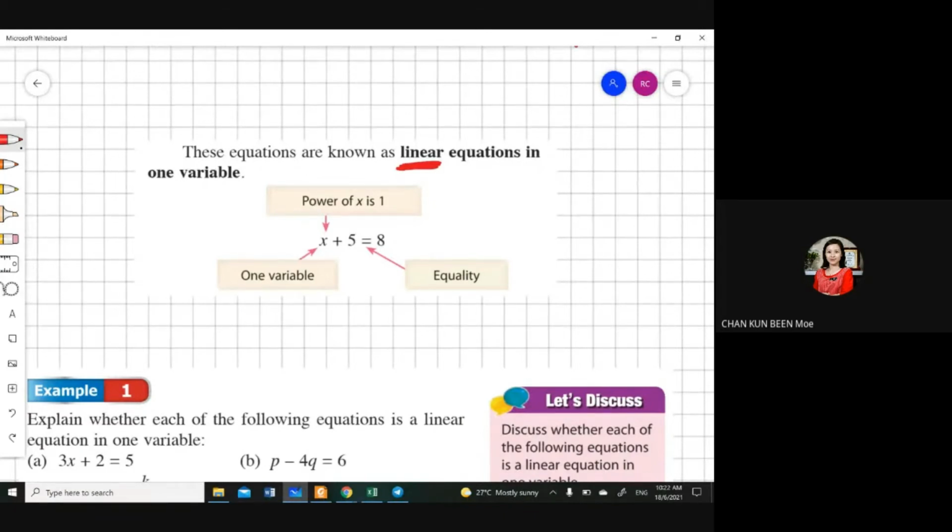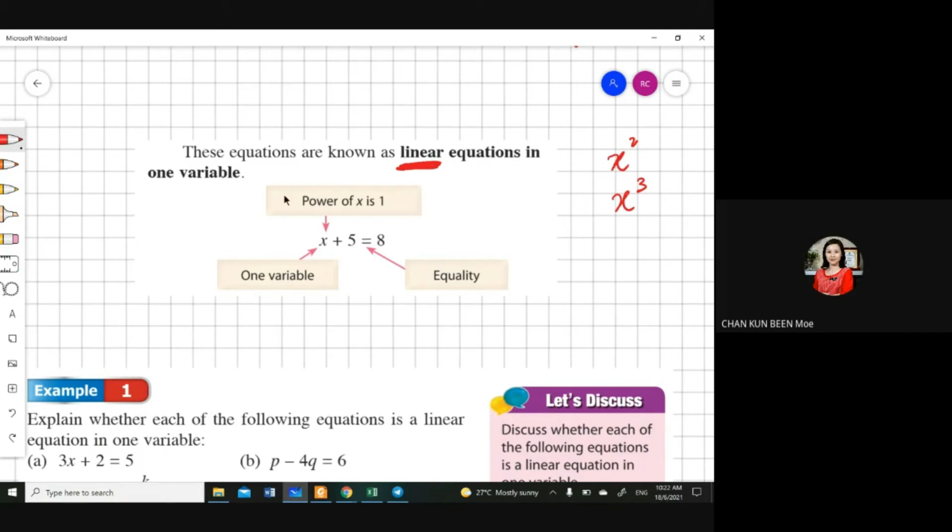You are going to learn something like x to the power of 2, x to the power of 3. But now you are learning the linear one, meaning the power of the x is 1. And then we have an equal sign, so we call it equality. So the whole mathematical sentence over here, we call linear equations in one variable.